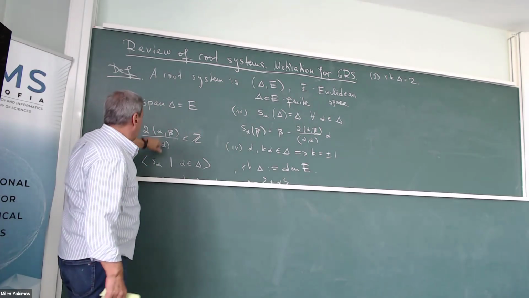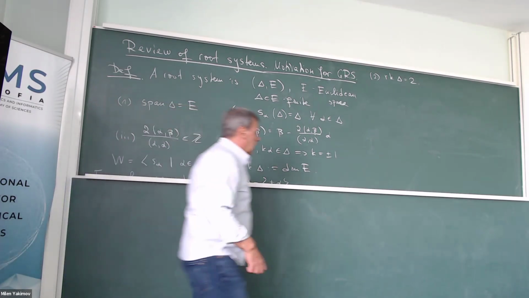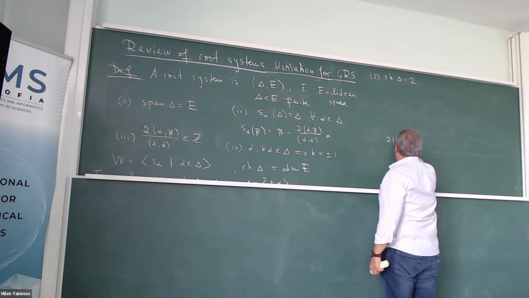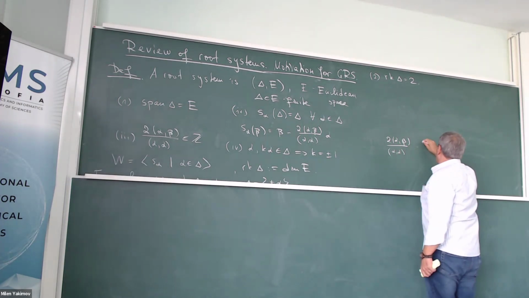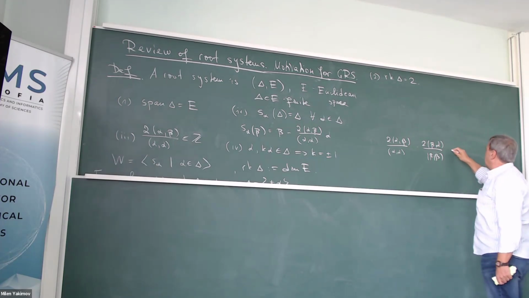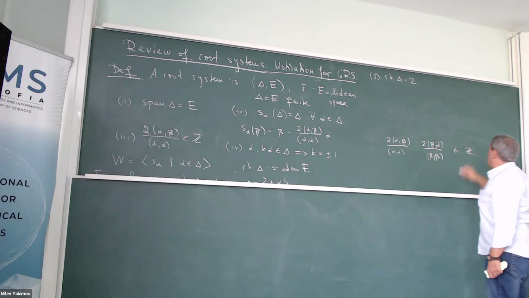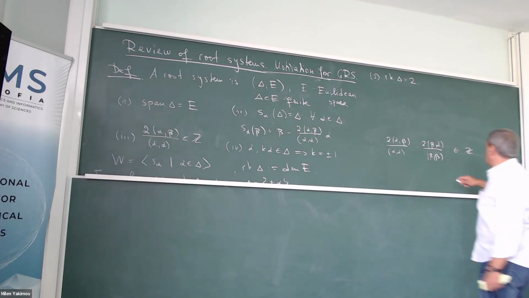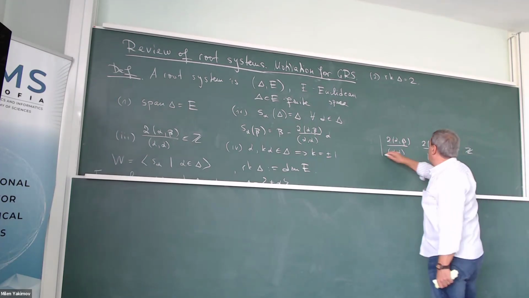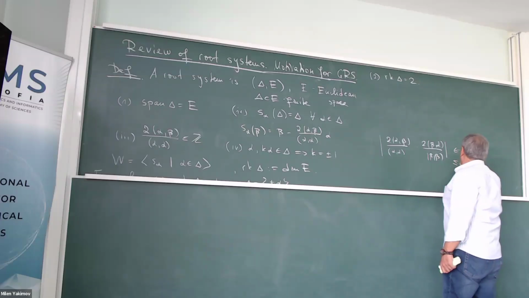So if I take the two roots, alpha and beta, and I look at 2 times (alpha, beta) over (alpha, alpha), and 2 times (beta, alpha) over (beta, beta), I get an integer, which moreover, in absolute value, is less or equal than 4.